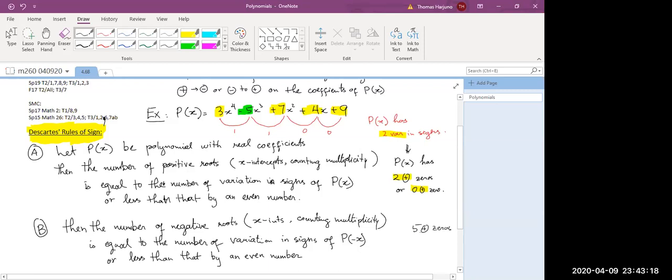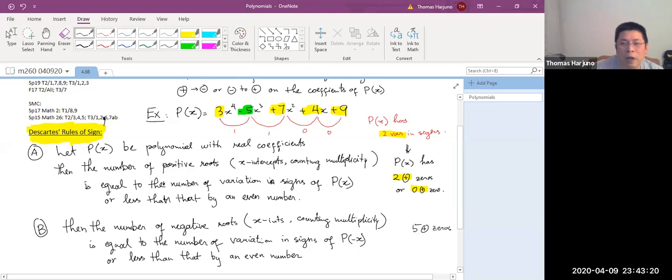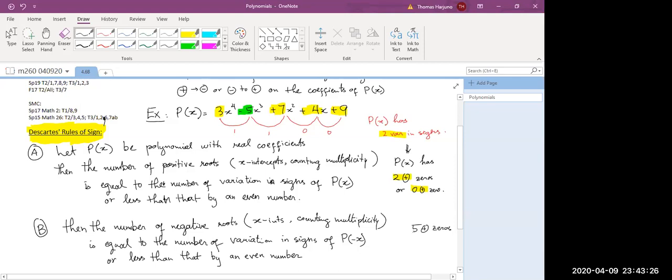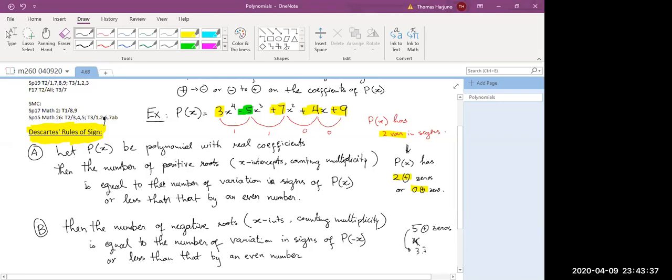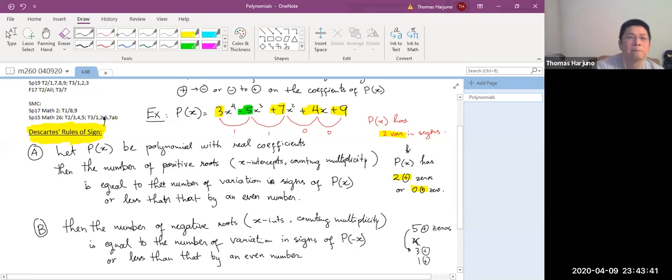Then imagine if any of these 5 zeros turns out to be complex. Then it cannot be 4, because if they go complex, they need to go in pairs. So either 3 or 1, like that. Thank you.